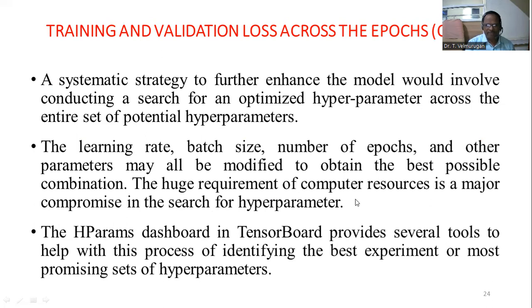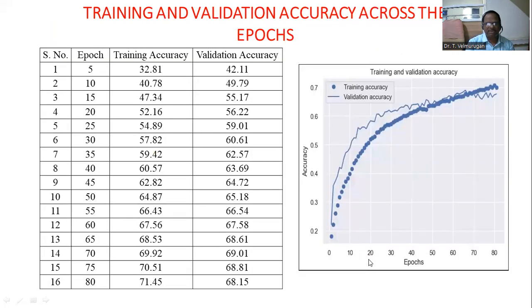The huge requirement of computer resources is a major compromise in this search for hyperparameters. Therefore, the HParams dashboard in TensorBoard provides several tools to help with this process of identifying the best experiment or most promising sets of hyperparameters.